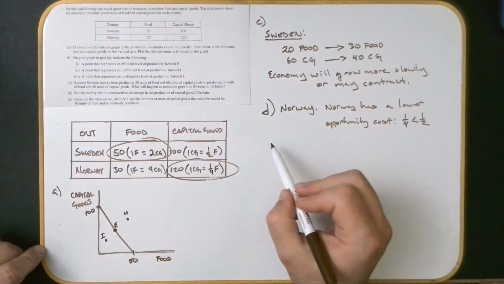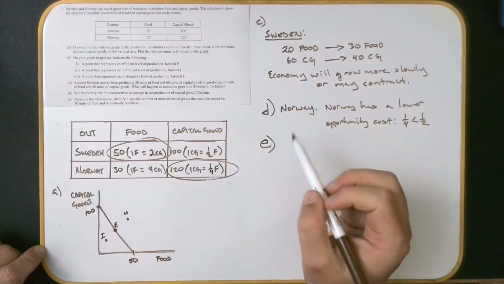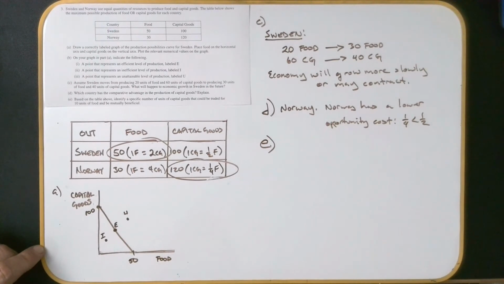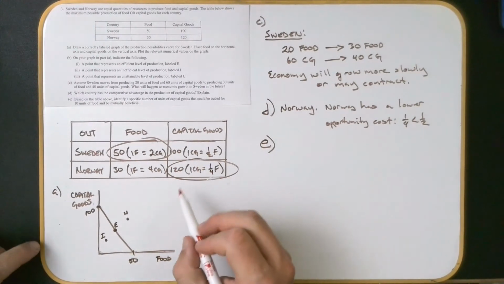Okay. Then part E. Part E says, based on the table, identify a specific number of units of capital goods that could be traded for 10 units of food and be mutually beneficial. All right. So let's look at this. If you remember, there was the strategy about finding mutually beneficial terms of trade. So I'm going to do it for this one.